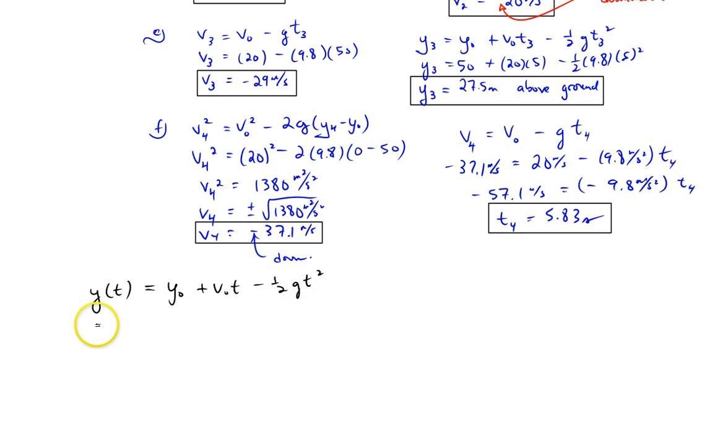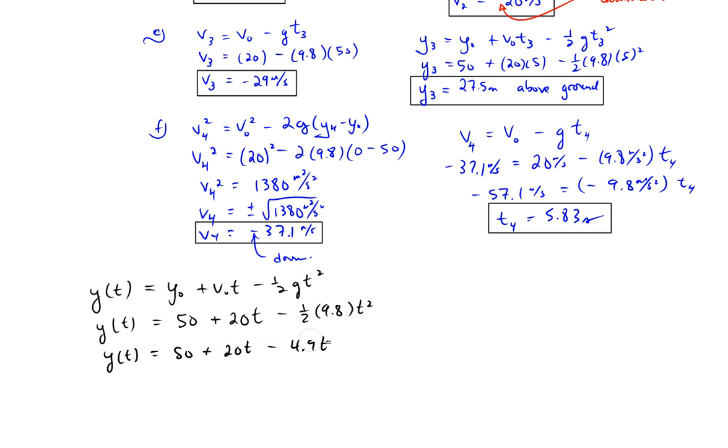And let's substitute in here. y as a function of time equals 50, which was the initial height, plus the initial speed of 20 times t. We'll just leave t in there as a variable, minus 1/2 times 9.8 t squared. So y as a function of time equals 50 plus 20t minus 4.9 t squared.